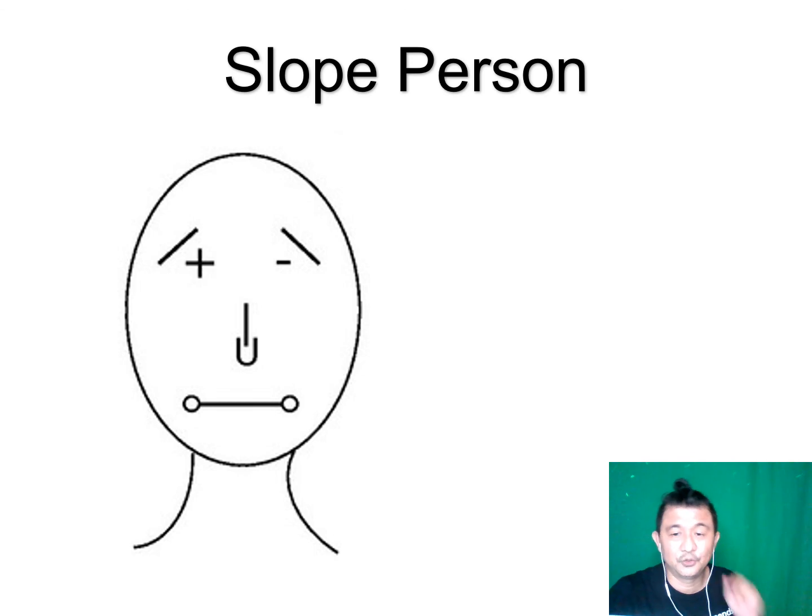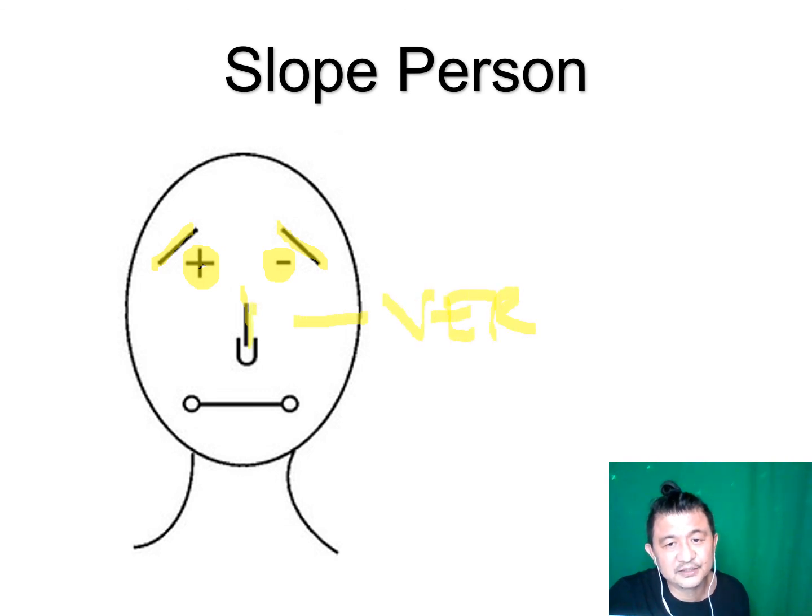Now, let's summarize with this. This is the slope person. The slope person will help you remember the facts that we've learned today. Look at the slanted eye this way. Left to right is going up. We know it's a positive slope. If the slanted eye is going that way, that's a negative slope. Positive and negative. Now, every time you see a vertical line, think of the nose.